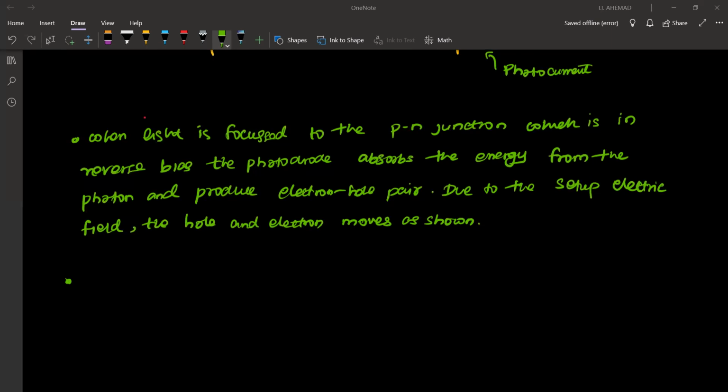The current due to the motion of charges is the photocurrent.